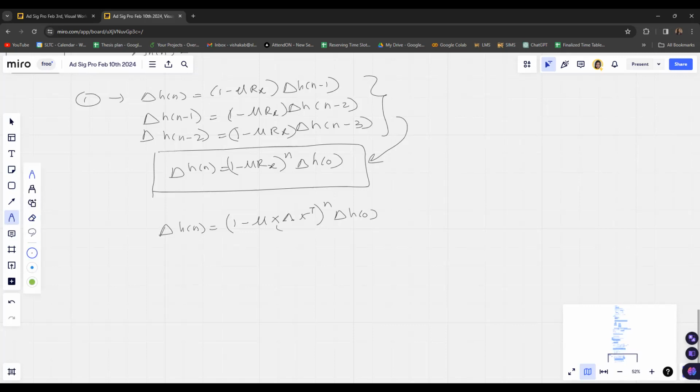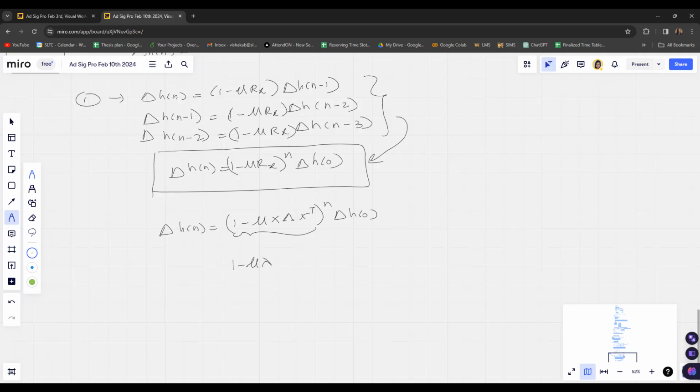If I consider this part, this section only related to this matrix, these are mathematical matrix operations. So I can simplify this further into the eigenvalues of the matrix that we are considering here, which is Rx. The eigenvalues of the Rx matrix I can consider, and I can further write this expression as 1 minus mu lambda.